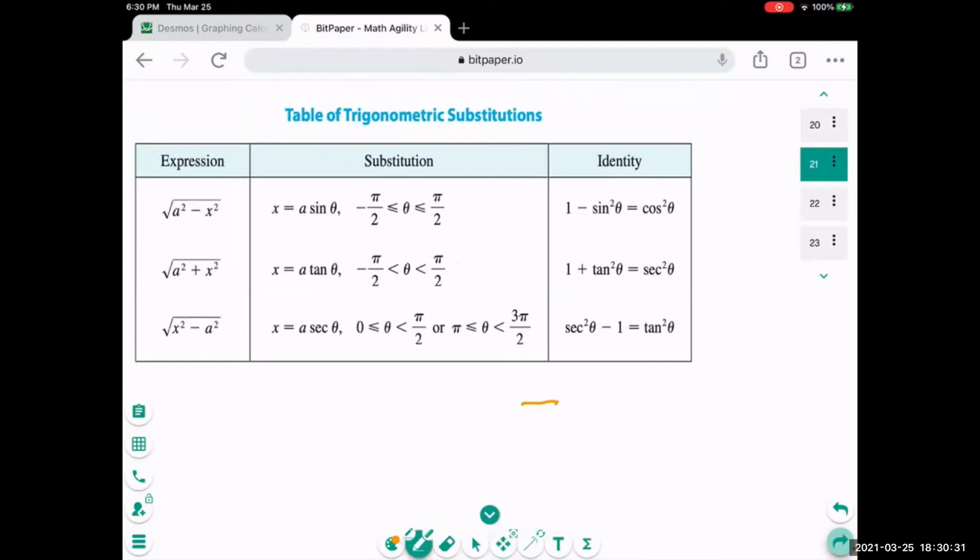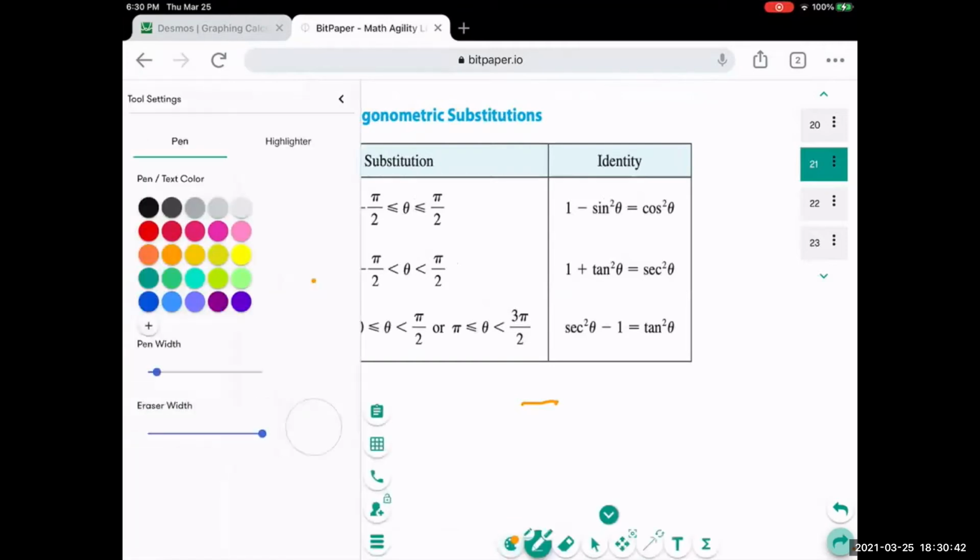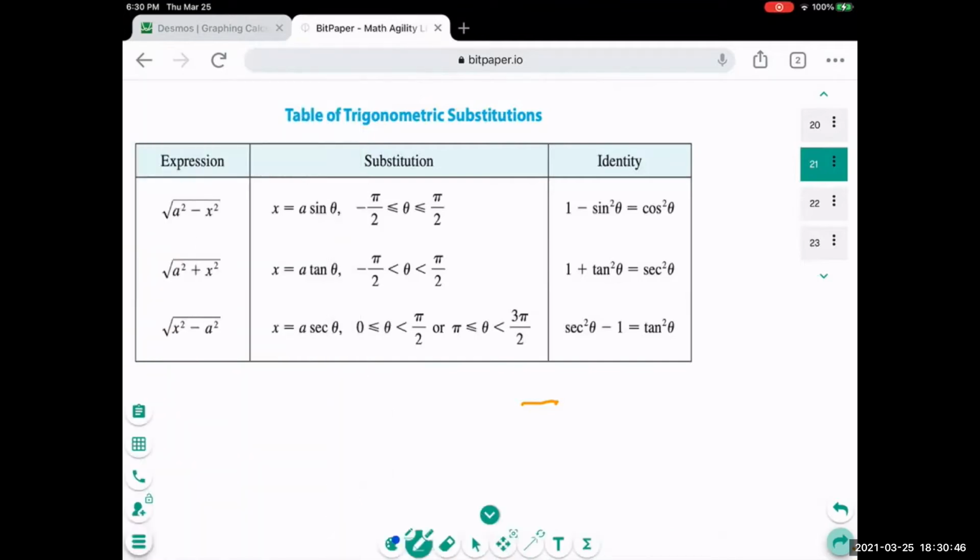So kapag may nakita tayong a squared minus x squared, a yung constant, x yung ating variable, ang substitution natin gagawin is x equals a sine theta.